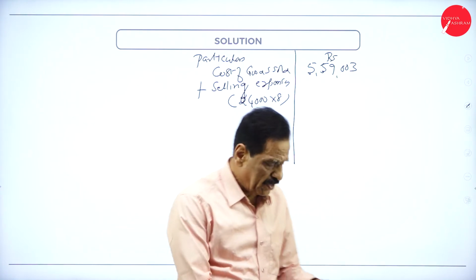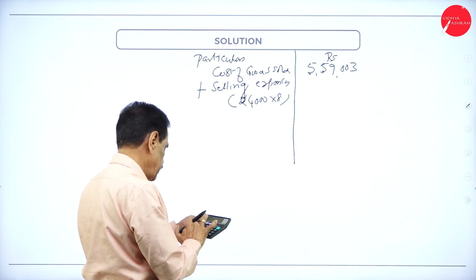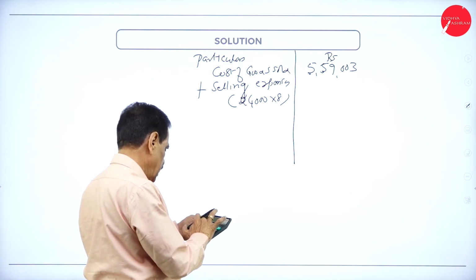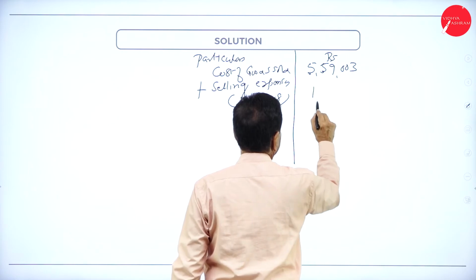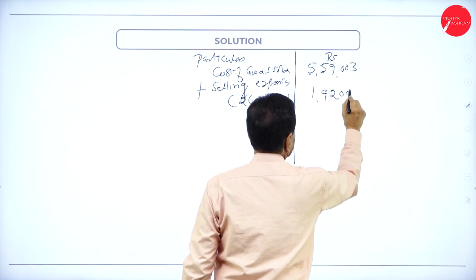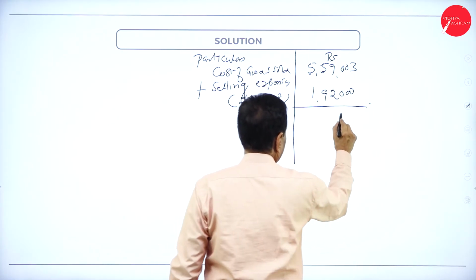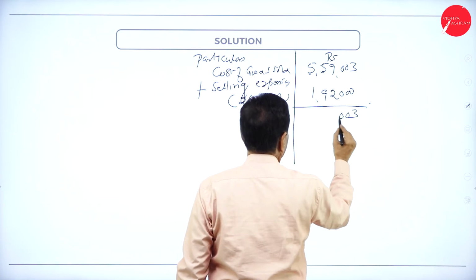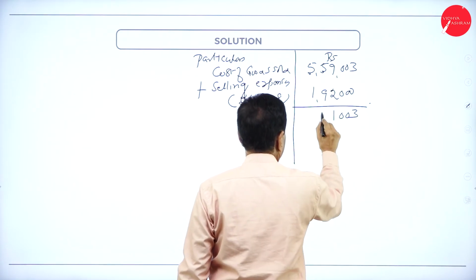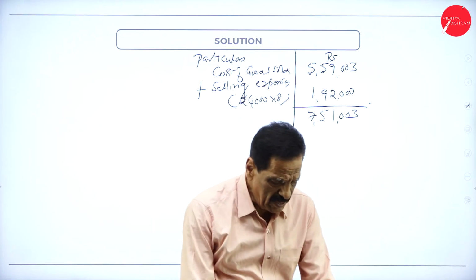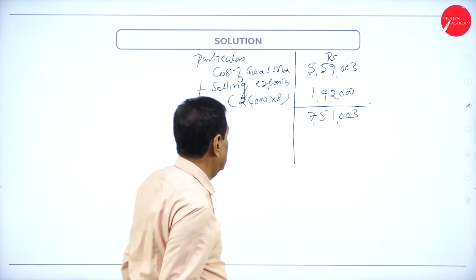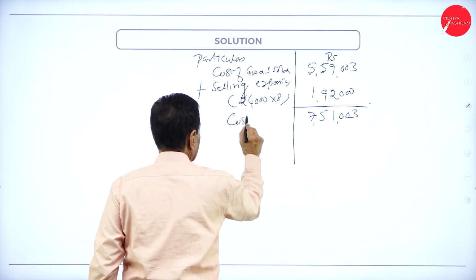So 24,000 into 8, 1,92,000. Add 5,59,003, that is 7,51,003. This is the cost of sales.